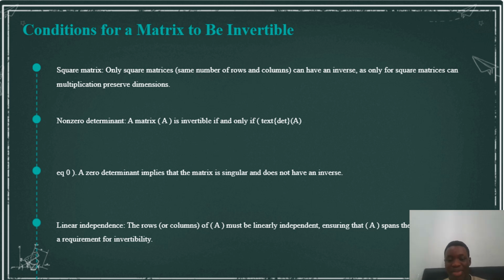They are non-invertible. Then next, linear independence. The rows or columns of A must be linearly independent, ensuring that A spans the entire vector space, a requirement for invertibility.